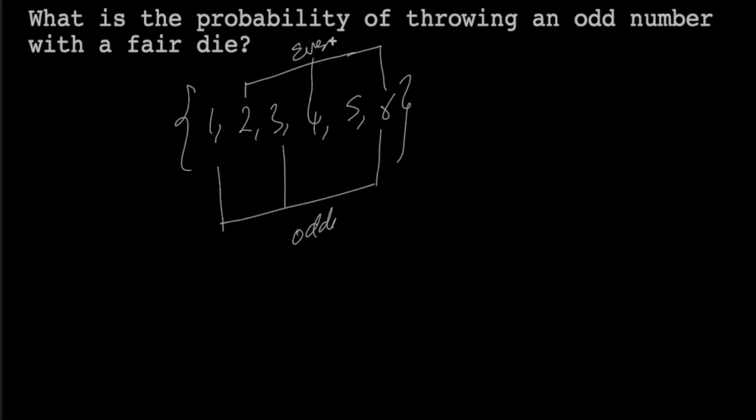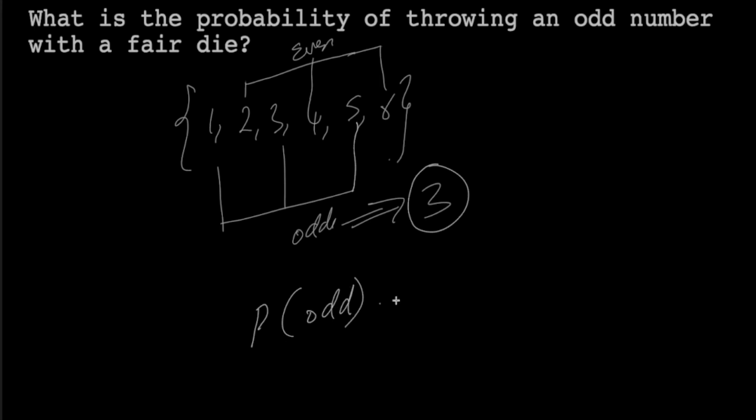Now, how many numbers in this odd? There are 3 altogether. Okay? All together for the odd, probability that it is going to be odd is everybody, not just 1. We know that if we throw the die, only 1 odd will show.